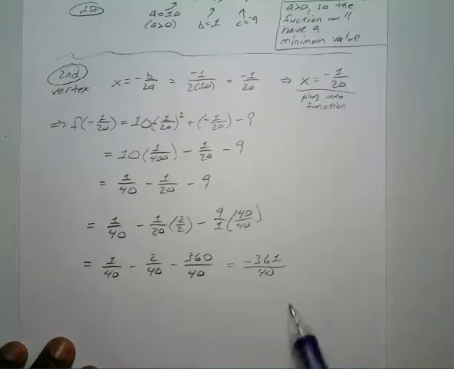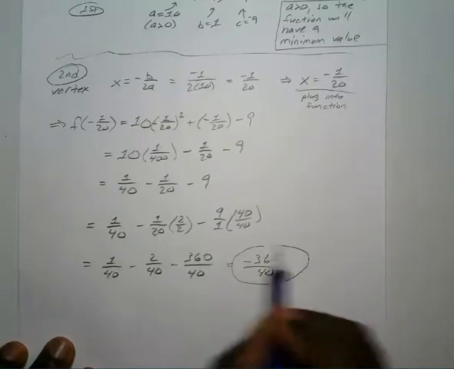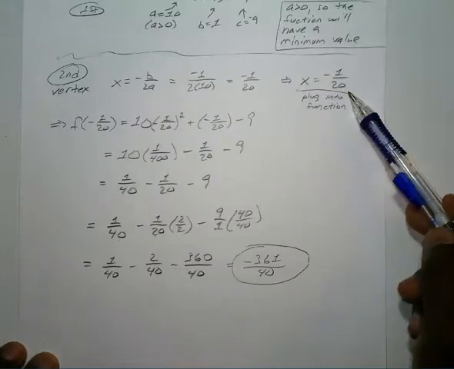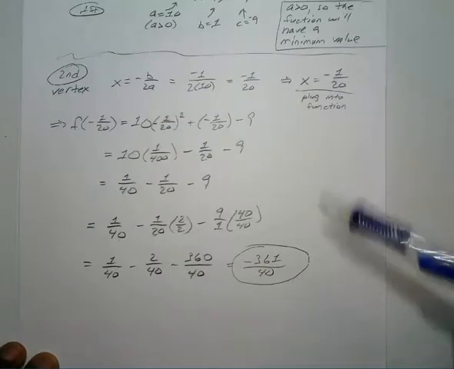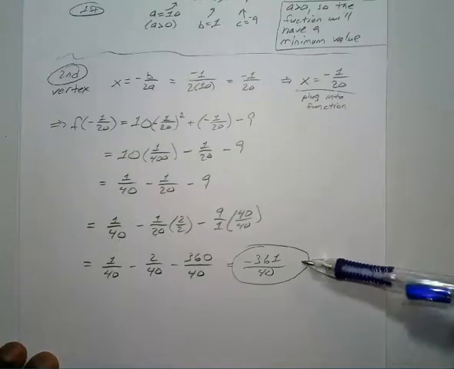Okay, now when they ask for the minimum or maximum value, that's your f of x or your y value. That's the minimum or maximum value. Remember, the x is your axis of symmetry, but your minimum and maximum value is actually your y value.